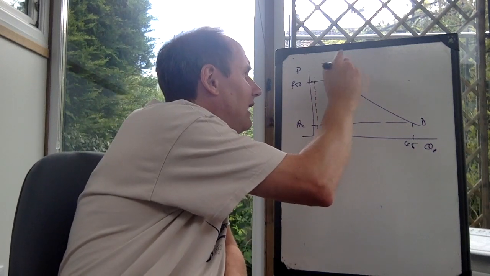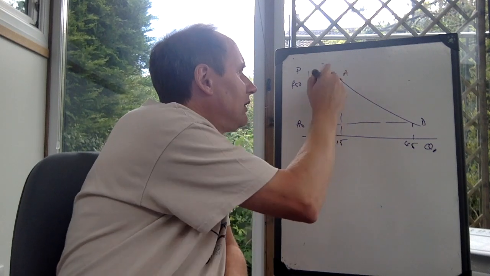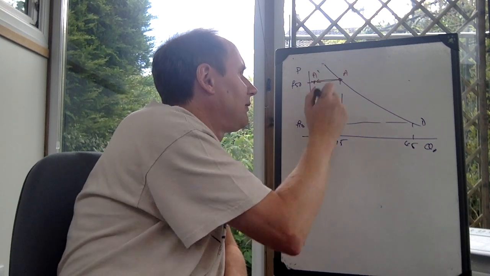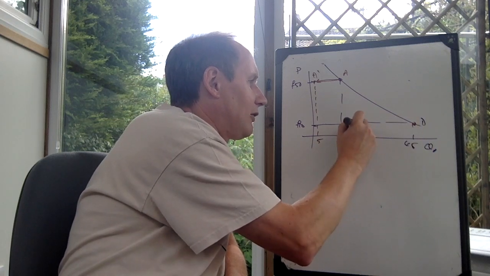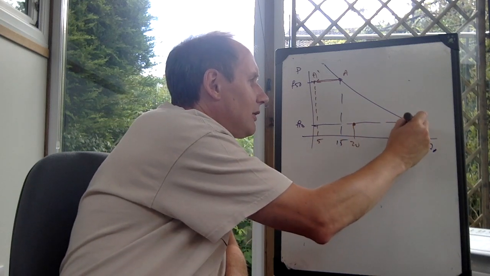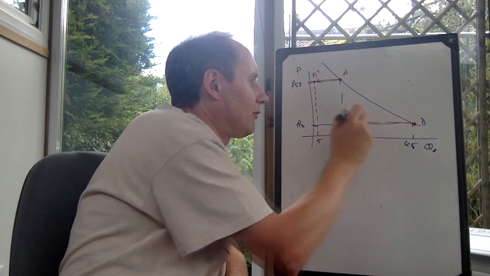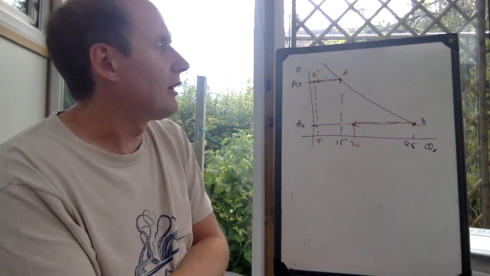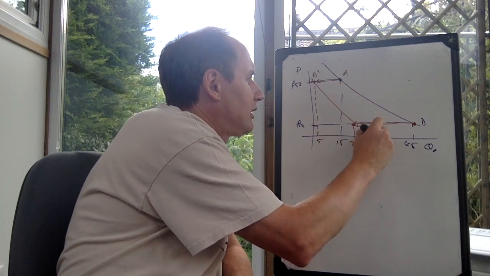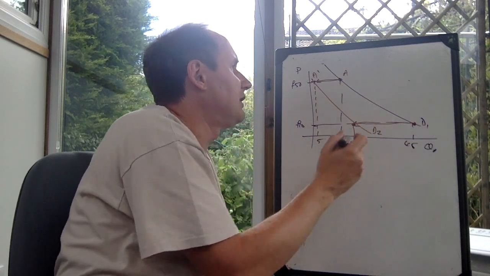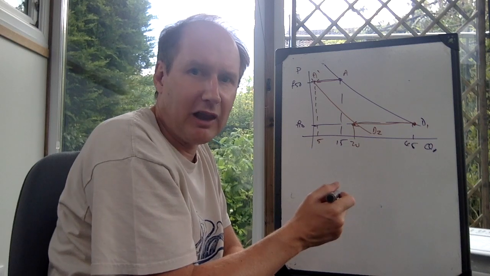So instead of being A, we're at A dash. Demand has shifted to the left. At £10, it used to be there were 45 people, maybe now there's only 20 people. So again, fewer haircuts are being demanded. Therefore, the whole demand function has shifted from D1 to D2.